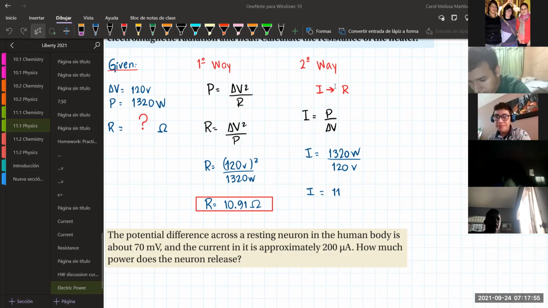So you have watts, which are joules per second, and volts, which are joules over Coulomb. In what units do we measure current?